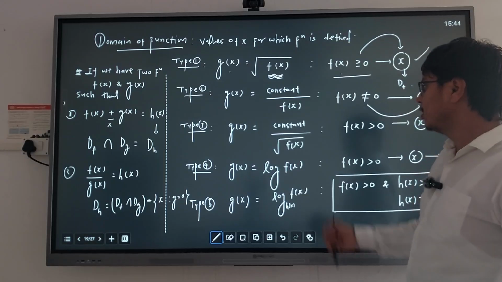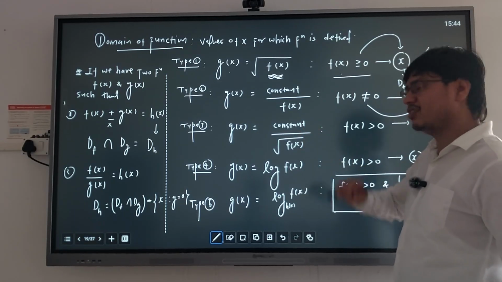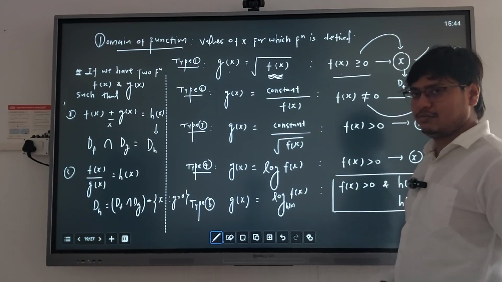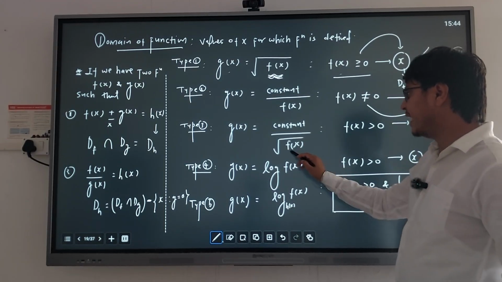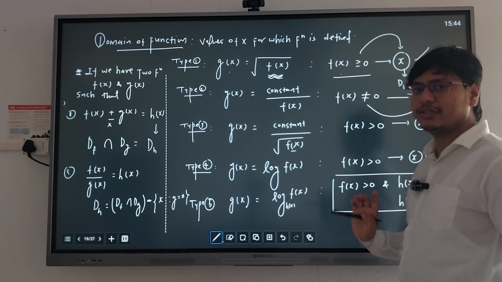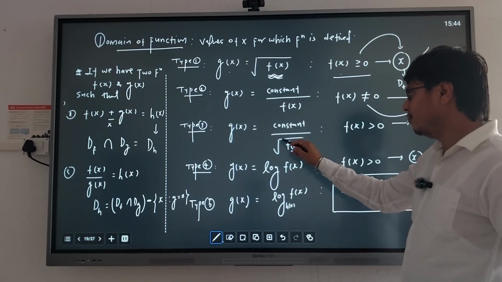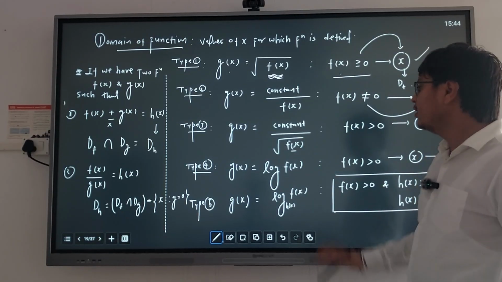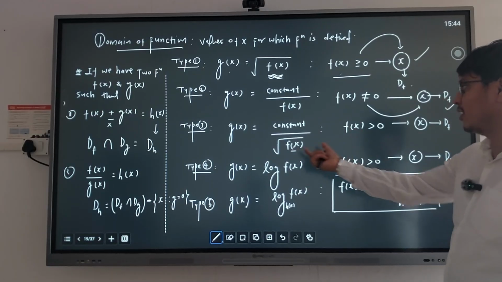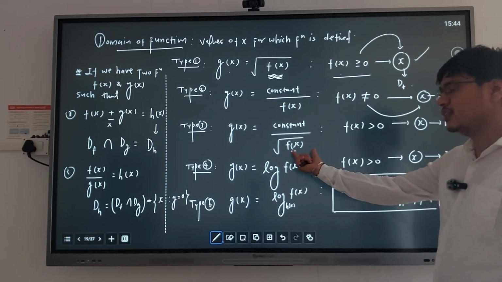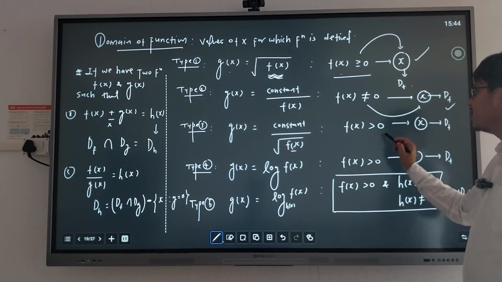Next one is a constant upon under root f(x). When the expression root f(x) is in the denominator, then it can never be equal to 0. Why? Because it is in the denominator, and because of the root it is always non-negative, that is, greater than 0. So it can never be 0. So f(x) is always positive.